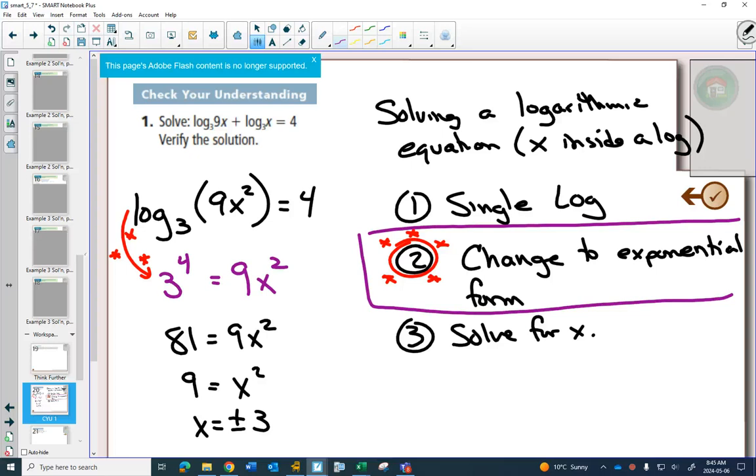And lastly, because you can't take the log of a negative number and you can't take the log of 0, we have to check for extraneous roots.